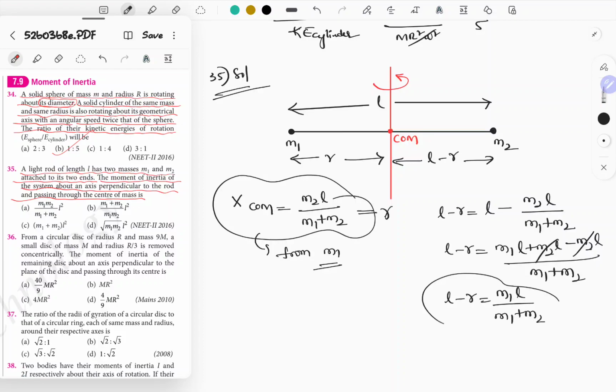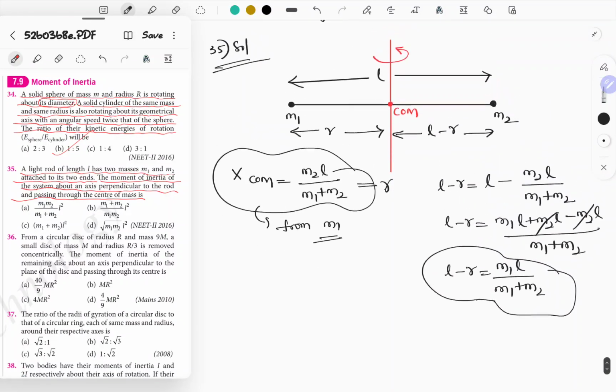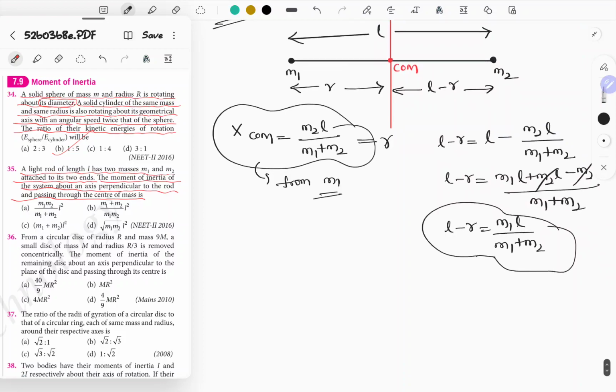I have already given a hint in the first video of system of particles numericals. The distance of the center of mass from M1 is the opposite mass M2 into the total distance of separation divided by the sum of the masses. The distance of the center of mass from M2 is the opposite mass M1 into the total distance of separation L divided by the sum of the masses.